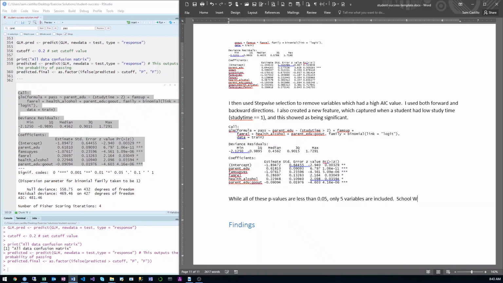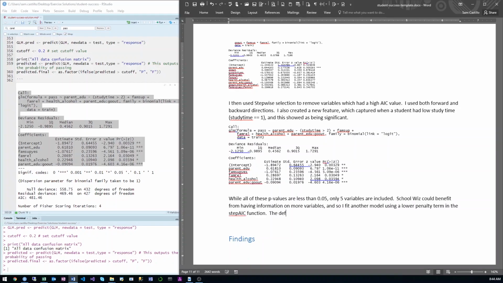School Whiz could benefit from having information on more variables, and so I fit another model using a lower penalty term in the step AIC function.